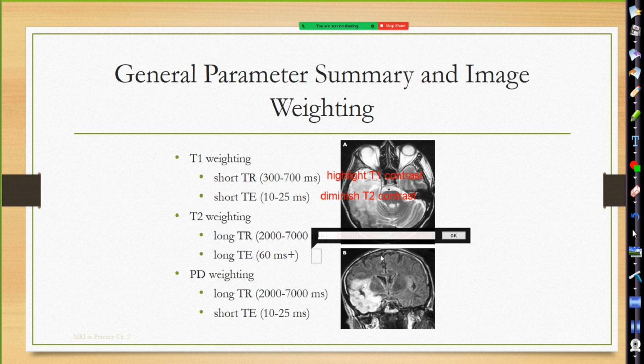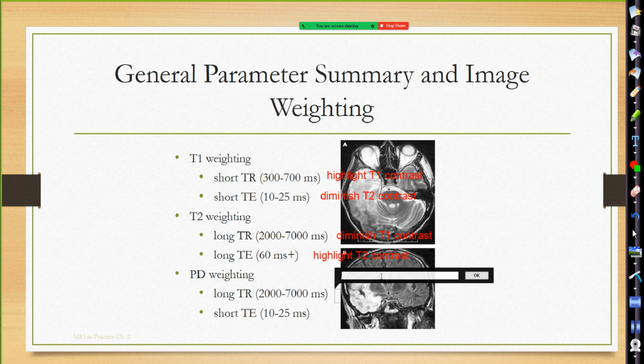It's T2 weighting. Highlight. And then for proton density, we're not concerned about T1 or T2 contrast, so we're diminishing both by selecting a long TR and a short TE. So I'm just going to put diminish, diminish.